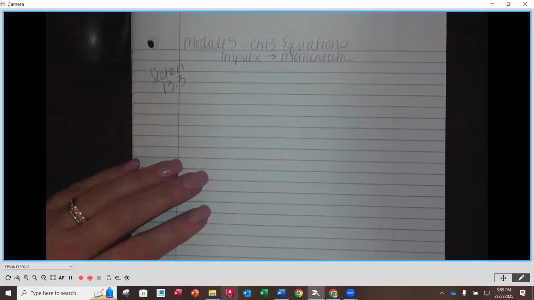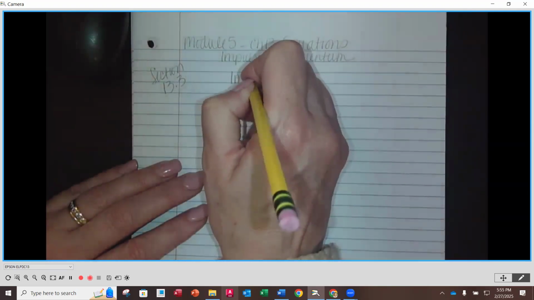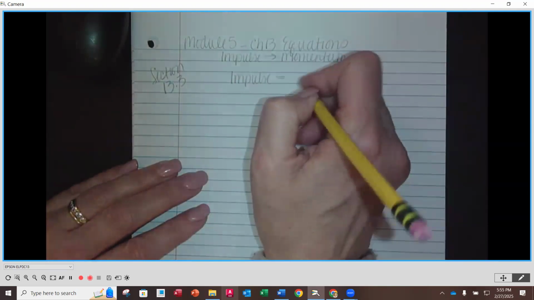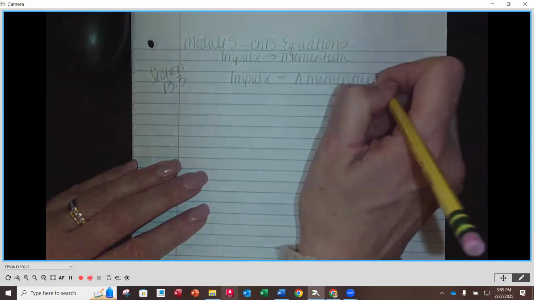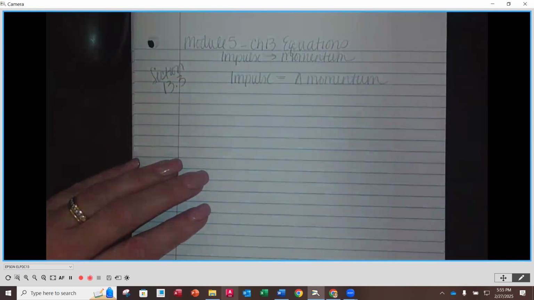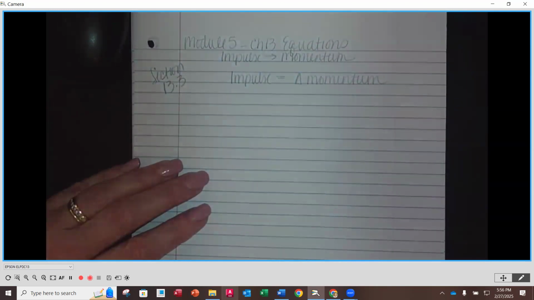Now, in order to create a change in momentum, we need to have an impulse present. So in a generic sense, impulse is equal to change in momentum. If we expand that out, impulse really doesn't have an official variable. In the book, they just use IMP, and we'll see that in a little bit.